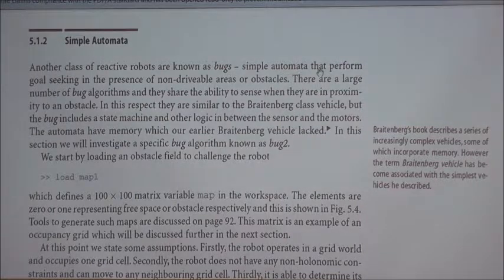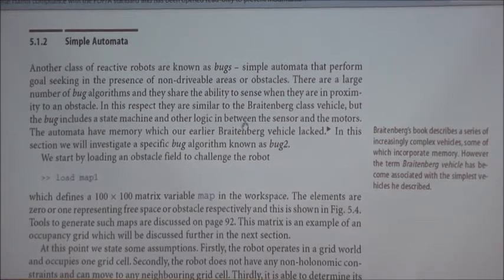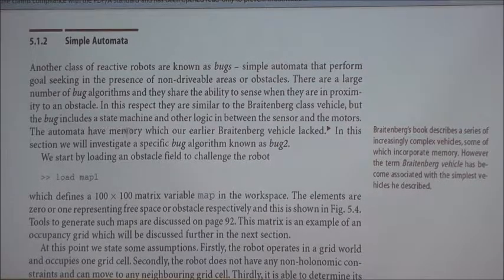These are simple automata that perform goal seeking in the presence of non-drivable areas or obstacles. This is essentially similar to what iRobot and that Roomba does. They are also similar to Braitenberg's class, which you can see here. And the bugs include a state machine and other logic in between the sensor and the motor.